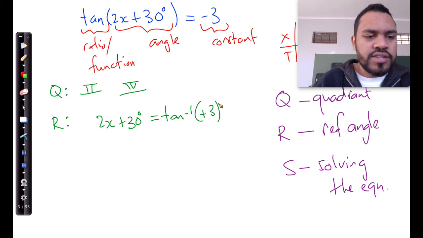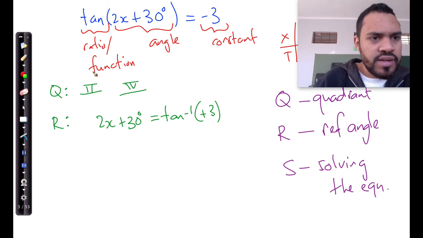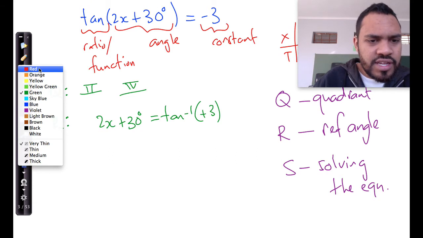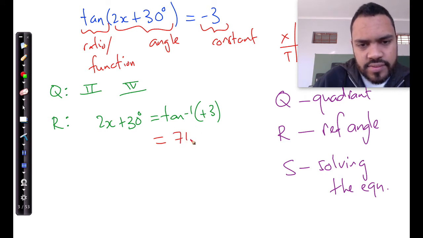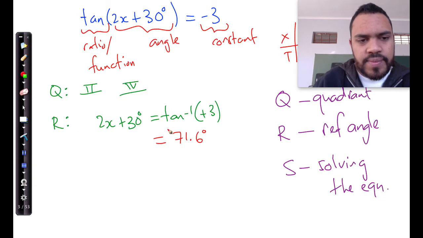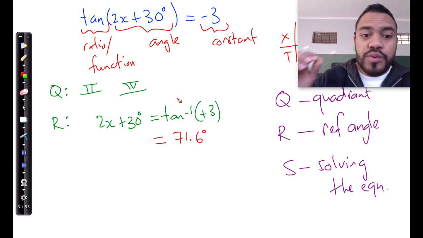Then you get a result of 71. Angles you can round off to 1 or 2 decimal places. Therefore, 2x plus 30 is equal to 71.6 degrees, and that solves what we call the reference angle.